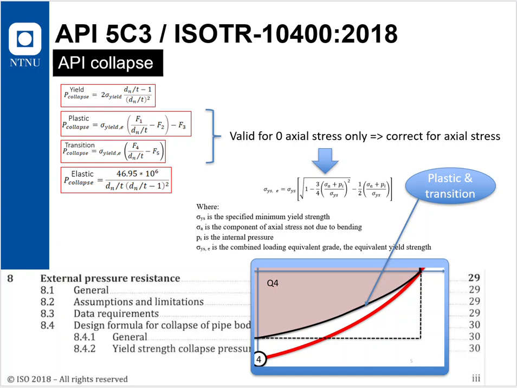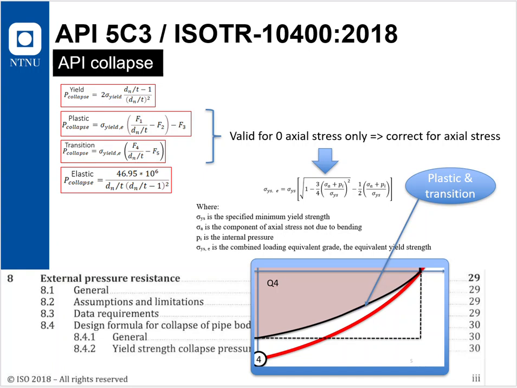Basically, there is a story behind that you need to know to build more understanding of this API collapse. Since it was developed in the 1960s, it didn't really take into account any actual stress, and it didn't take into account internal pressure support.